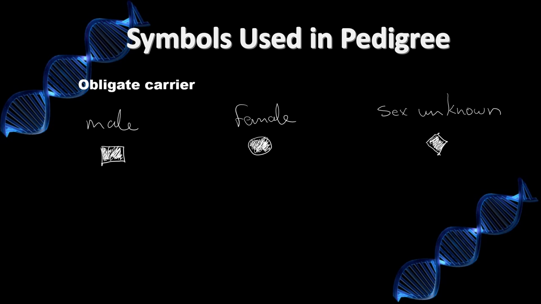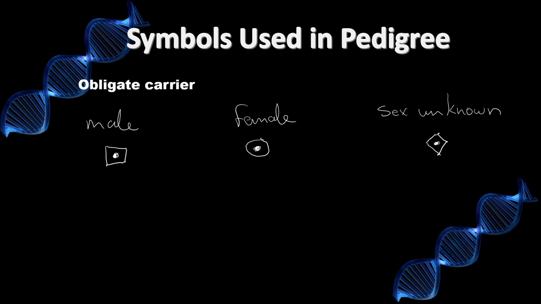In the case of male, the square shape will be the same shape for the male but with a dot in the center. In case of female, circle is the shape but there will be a dot in the center. In case of sex unknown, diamond is the shape but there will be a dot in the center.